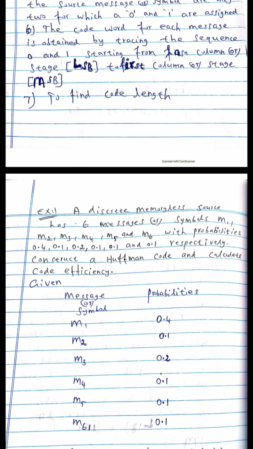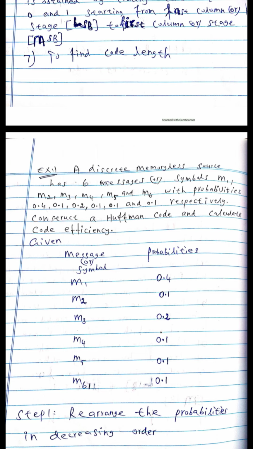Next, we are going to see one example under the Huffman coding. Example: a discrete memory source has 6 messages or symbols m1, m2, m3, m4, m5 and m6 with probabilities 0.4, 0.1, 0.2, 0.1, 0.1, and 0.1 respectively.